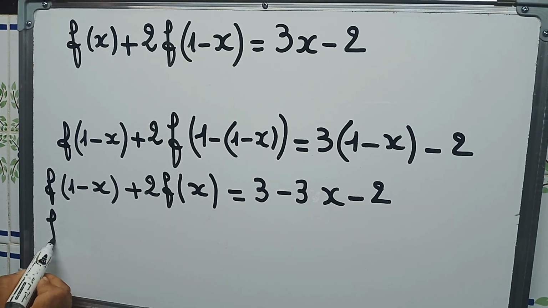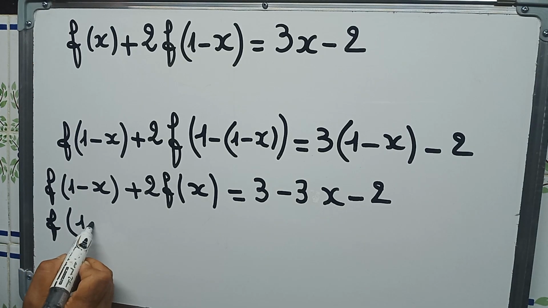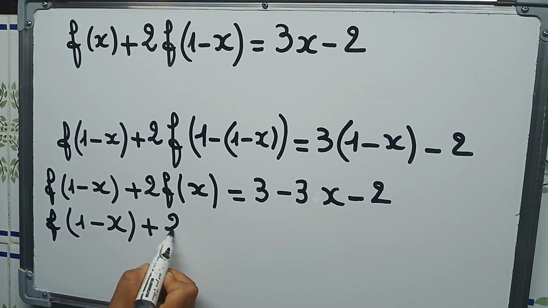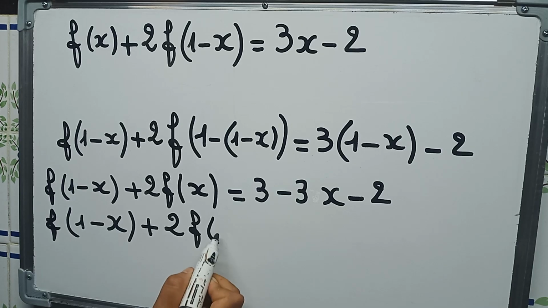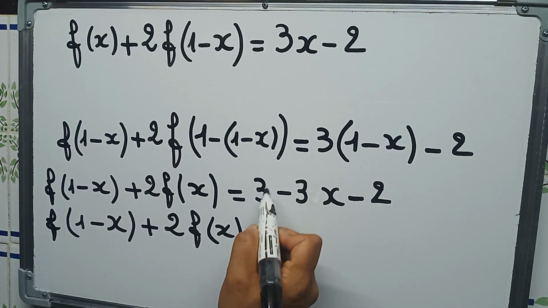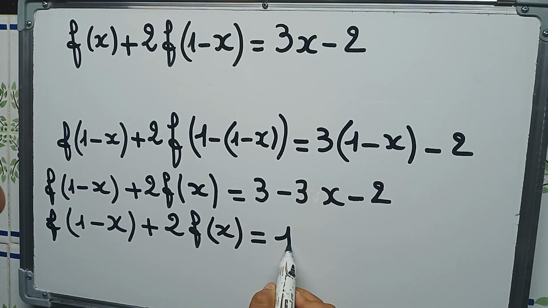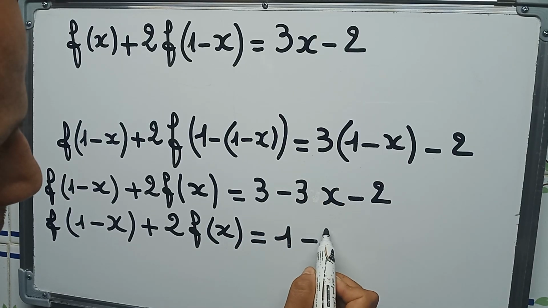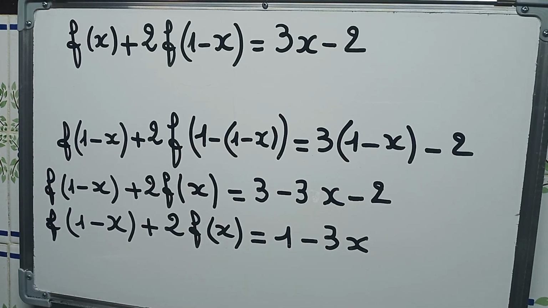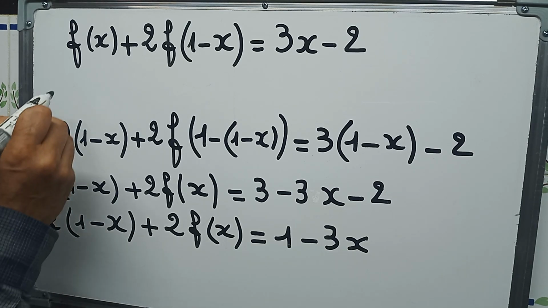Of course, we will have f of 1 minus x plus 2 f of x is equal to, here 3 minus 2 is just 1 minus 3x.